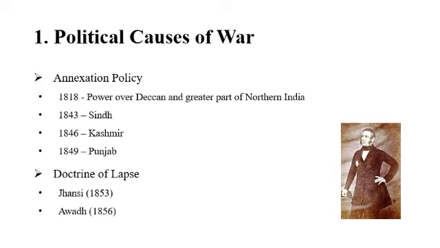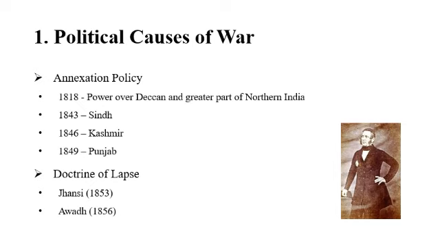Linked with the annexation policy, Lord Dalhousie, who was the Governor General in those days, implemented one law by the name of the Doctrine of Lapse. Simply we can say that this Doctrine of Lapse was a land grabbing law.